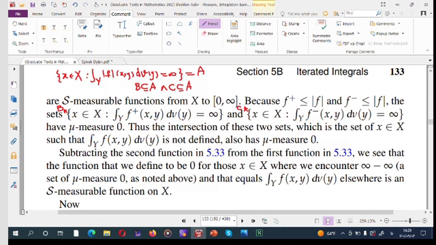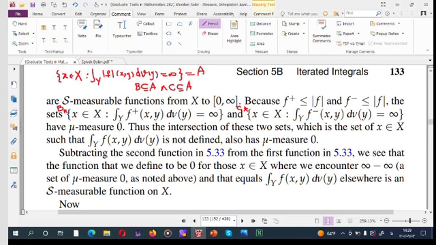Now by this inequality, if this integral equals infinity, this integral of this function must equal infinity, and x should be in A. And also for this, if x belongs to C, this integral is infinity, so the integral of this function equals infinity, so x must belong to A.